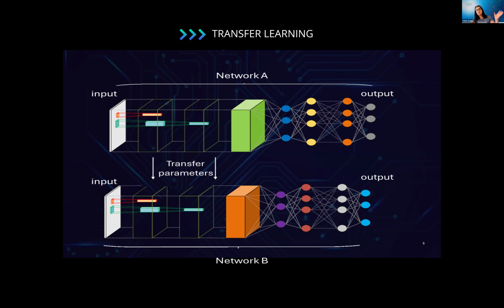Of course, we have to account for the fact that, first of all, we have to see how close the domains are. Are pathology images really so close to natural images? In order to have a decent result, do we need to retrain on thousands of images or millions of images?